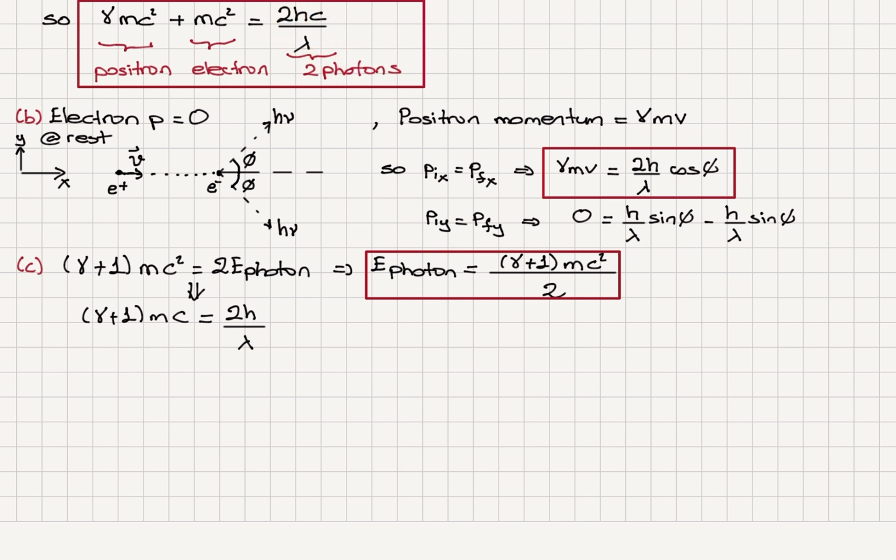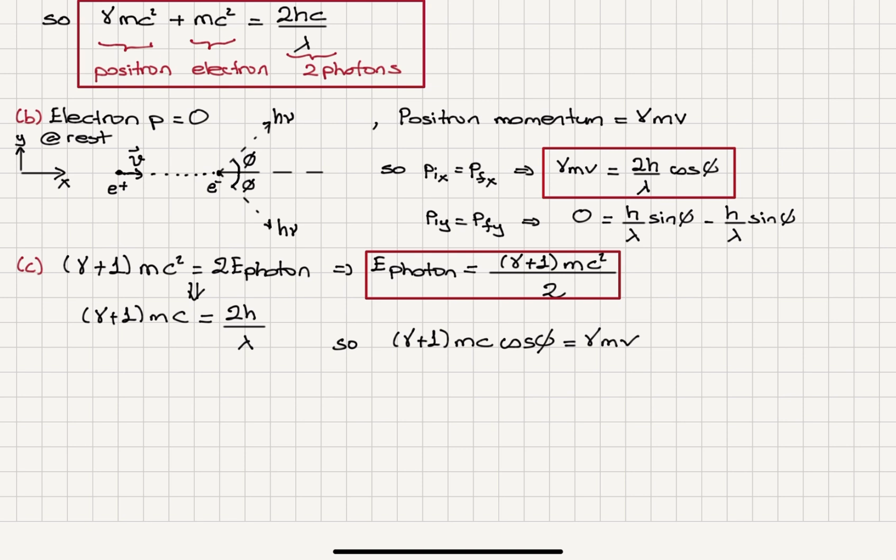So we find that 2h over lambda cosine phi, for 2h over lambda I'm substituting (gamma plus 1) mc, so (gamma plus 1) multiplied by mc cosine phi is equal to gamma mv.